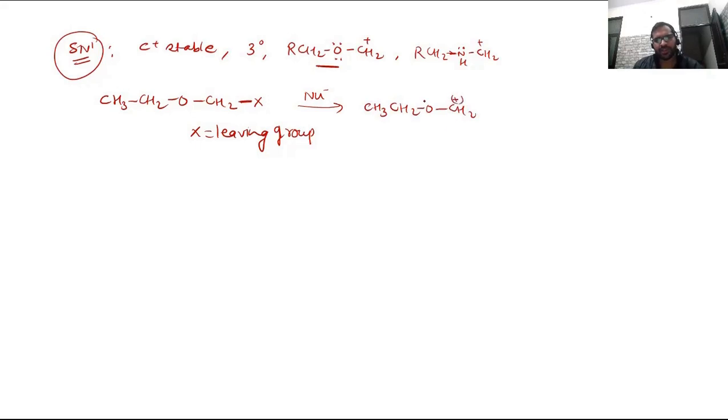Because this carbocation is stabilized by this lone pair, we can say this is a stable carbocation, and because a stable carbocation is forming here, before the nucleophile attacks, this C-X bond cleaves out. Now the nucleophile comes and attacks here, and we will get CH3CH2OCH2 with the nucleophile.